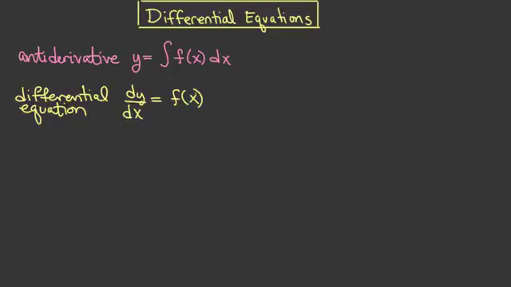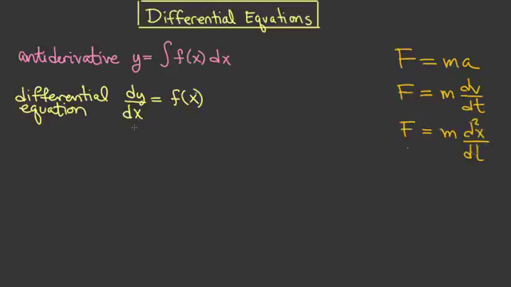You may be asking yourself at this point, why would I be interested in solving differential equations? One way to answer this is to point out that Newton's law, F equals ma, can be thought of as the differential equation, F is equal to m dv dt, or F is equal to m d squared x dt squared.